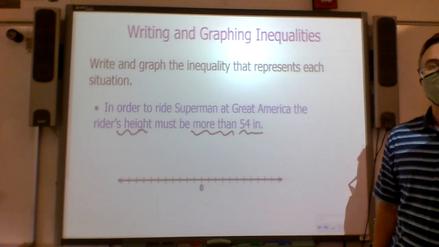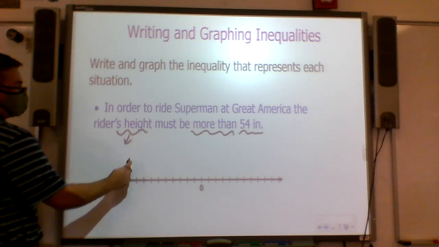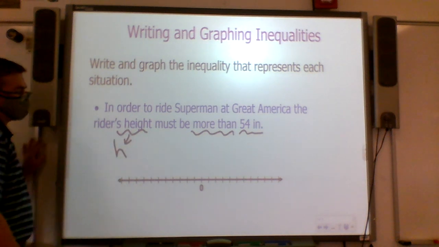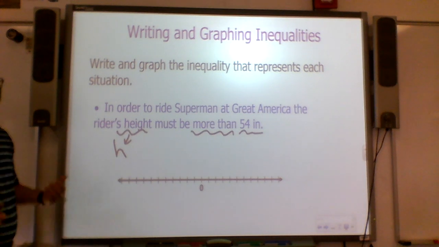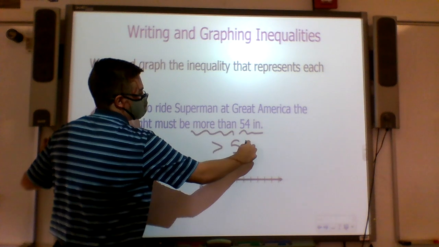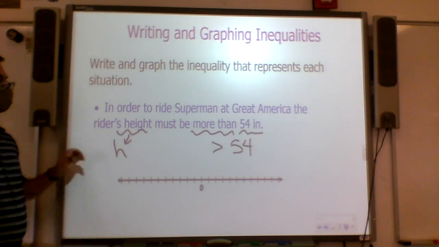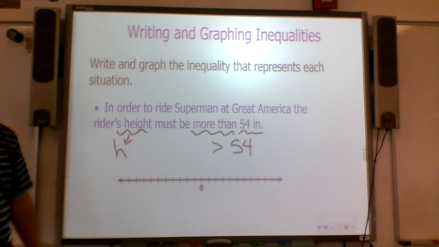So I'm going to go ahead and translate that. For height, we don't know what the height is, so I'm going to leave it as h. It has to be more than, so it's got to be greater than 54. It can't be greater than or equal to because it has to be strictly more than 54.